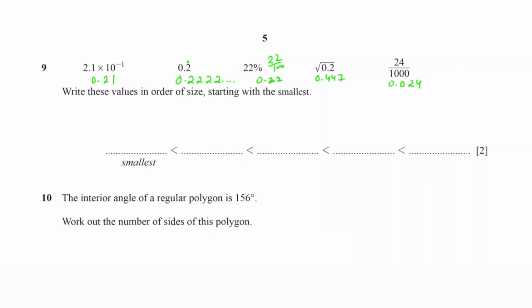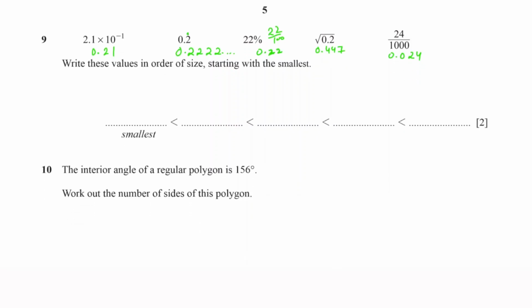Let's remove that, and we can easily identify using the decimals which one is greater and which one is smaller here. The smallest value that we have is this one, 0.024, or I'll write the answer as 24 by 1000, and the second smallest is 0.21, so we can take it as 2.1 into 10 raised to power minus 1, and the third smallest is this one, 22%, because it's 0.22, and the fourth is the recurring one, 0.2 recurring.